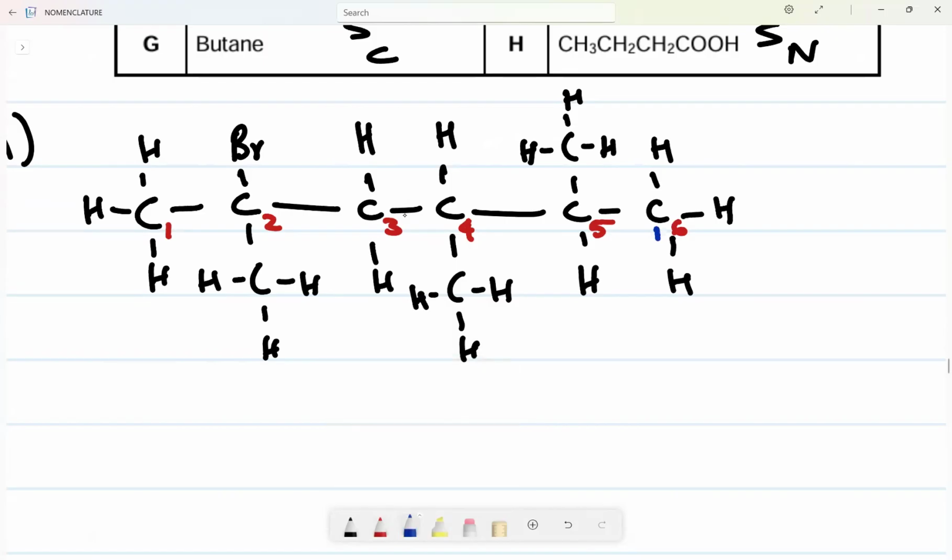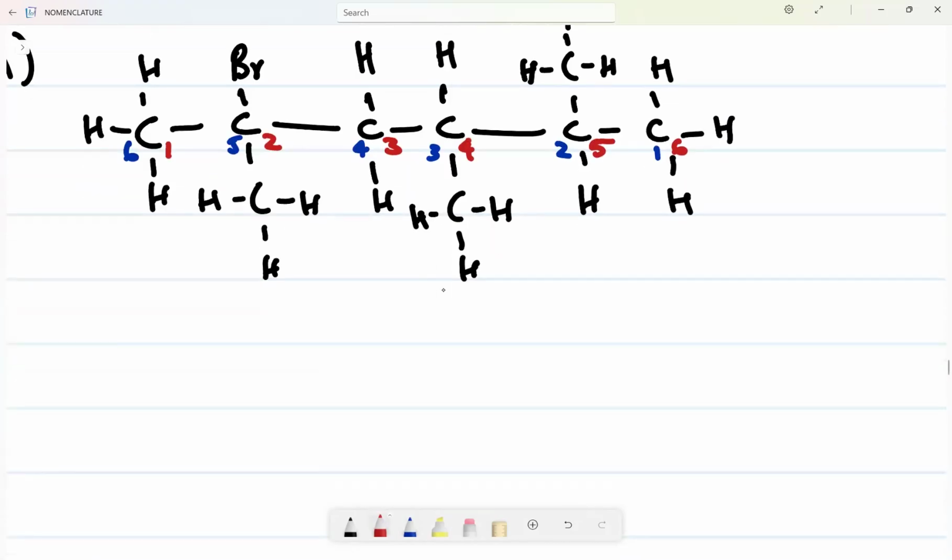It's also 1, 2, 3, 4, 5, 6. Now let's compare. The red one, let's look at the substituents. I have a bromo on number 2 when I use red.